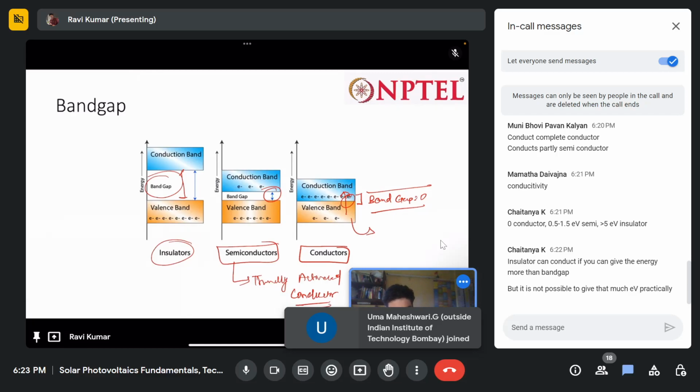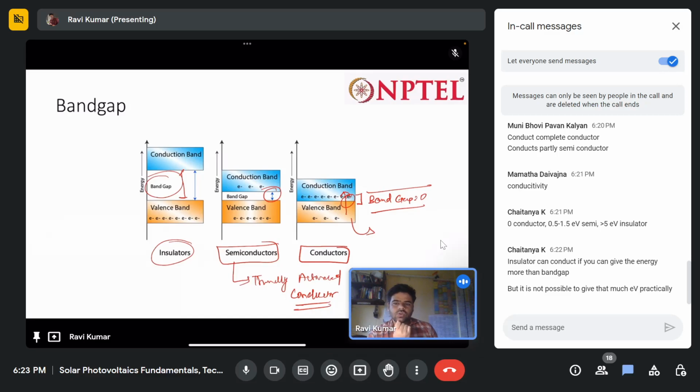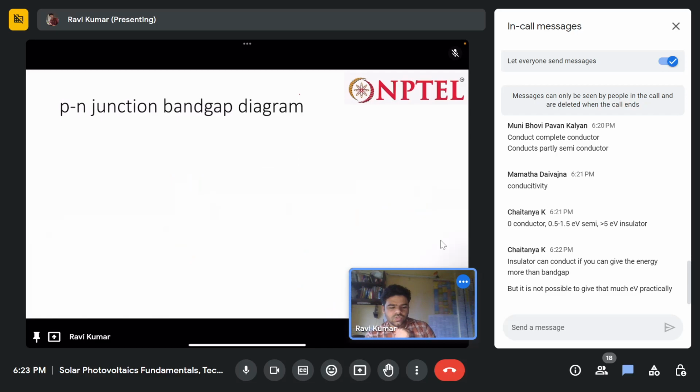Okay. So let's draw the band diagram for a PN junction solar cell, or we can say a PN junction device. What do you think it should look like? Okay, I'll draw, you just let me know some things which I'll ask.